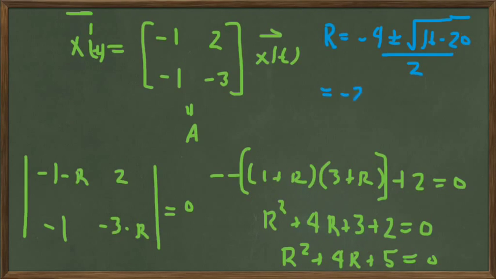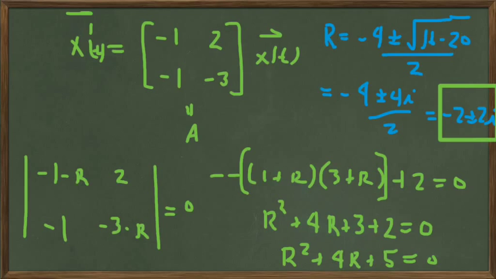So that's negative 4 plus or minus 4i over 2, so it's negative 2 plus or minus 2i that are the solutions to the determinant. That tells us that alpha is minus 2. Let me write it over here. Alpha is minus 2, and beta is just the coefficient of i.